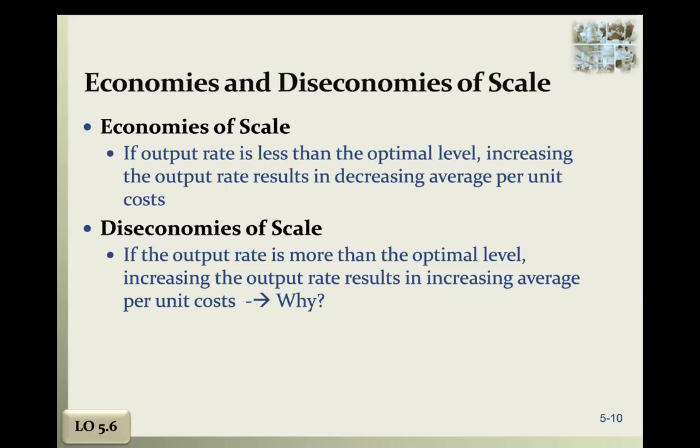Initially, three employees were serving fewer customers, but now with six employees, they are able to serve more customers. As a result, processing time also goes down. So they are able to serve customers better, and that increases their revenue. That's called economies of scale.